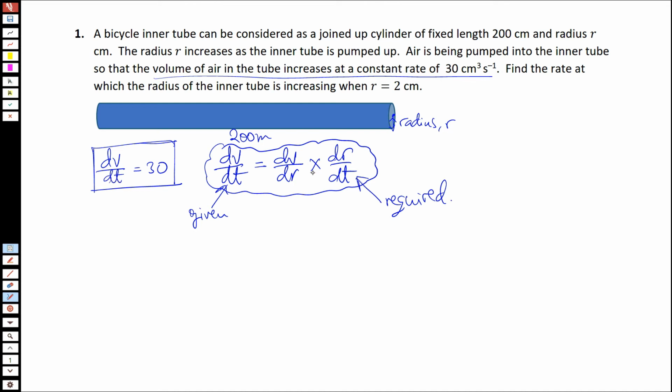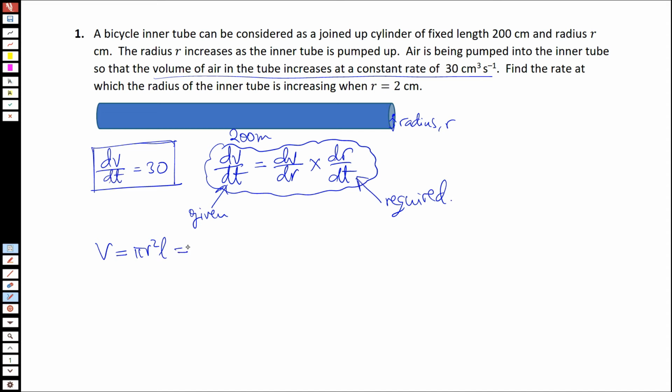Anyway, so basically the situation here is we have a cylindrical shape, and the volume of a cylinder is pi r squared times height, but in this case you have length. So the volume of the cylinder or the tube is pi r squared multiplied by the length. The length is 200 meters.